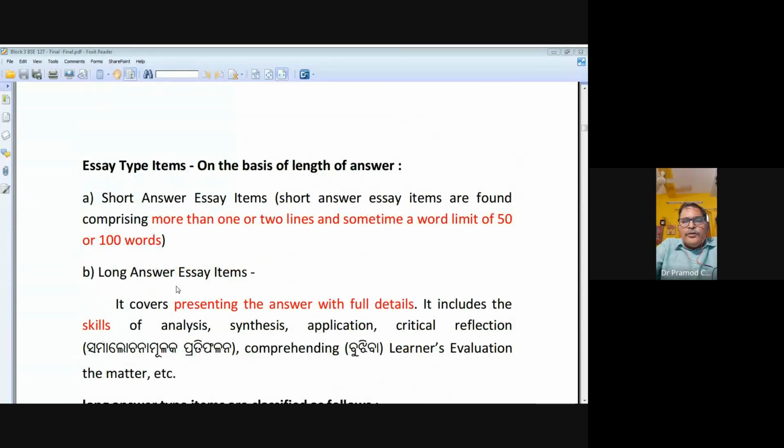Let us come to the essay type questions. Previously I have told you that essay type question is restricted type and also unrestricted, that is uncontrolled. Short answer type questions, where we will have to give the answer in 50 or 100 words.